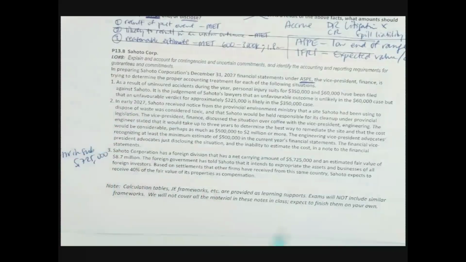The fair value of this subsidiary, 8.7 million. But the foreign government has told Cehodo that it intends to expropriate the assets and businesses of all foreign investors. So the foreign government is saying, yeah, you'll be selling that to us. And based on settlements that other firms have received, we expect to receive 40% of the fair value.